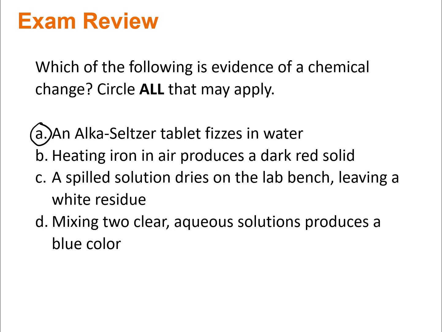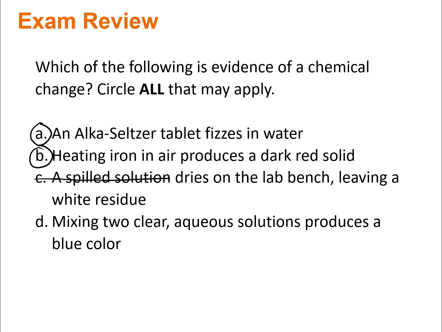Letter B, we're heating iron and air and producing a dark red solid. That's absolutely a chemical change. We've got a change in color, and if we're heating iron and air, that's combining 2 things and adding heat. So that's definitely a reaction. C, we have a spilled solution dries on the lab bench, leaving a white residue.